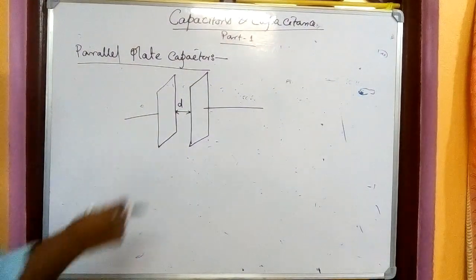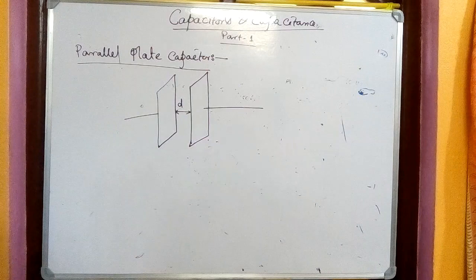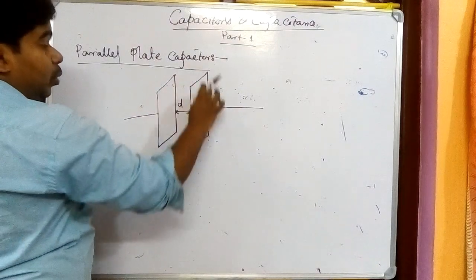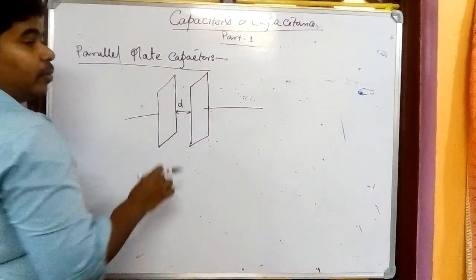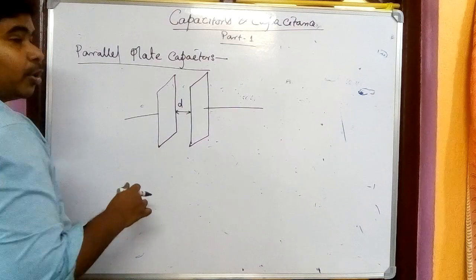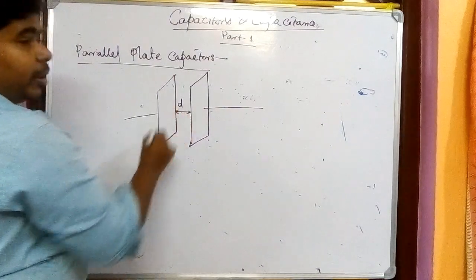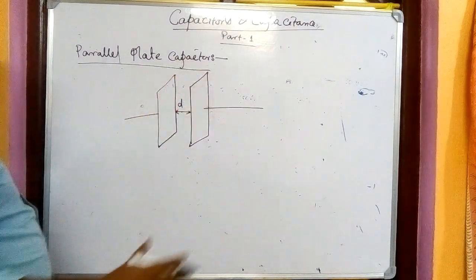It is said the gap should be much smaller than the dimension of the plates. If I compare the total area with the distance, then it should seem to be infinity.